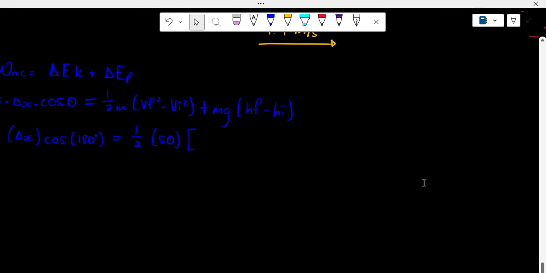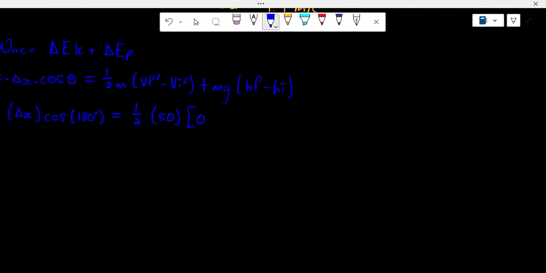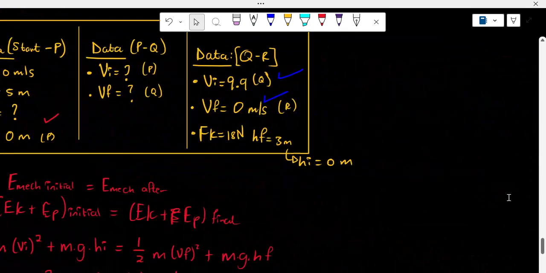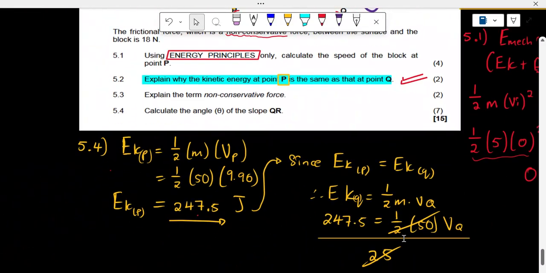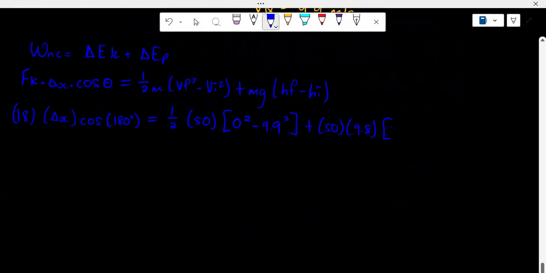So this is then going to be equal to 0 squared minus 9.9 squared, plus the mass of 50 times 9.8, open bracket, the final height. Remember, we have this in our data. The final height is 3, the initial height is 0. So this is the final height of 3 minus the initial height of 0.